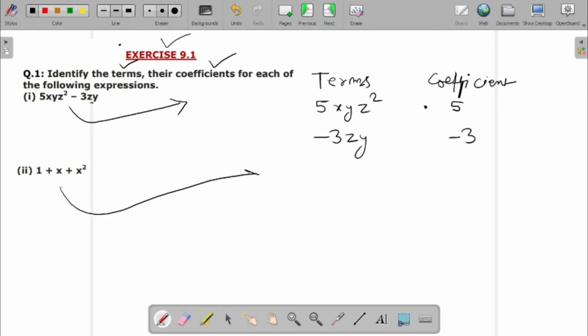Similarly, in this case also, 1 is a term, so 1 is in itself a number. So no need to write the coefficient. In case of x, the coefficient is 1. We don't see any number, that means 1. In case of the term x square, again the coefficient is 1. So this is about this question.